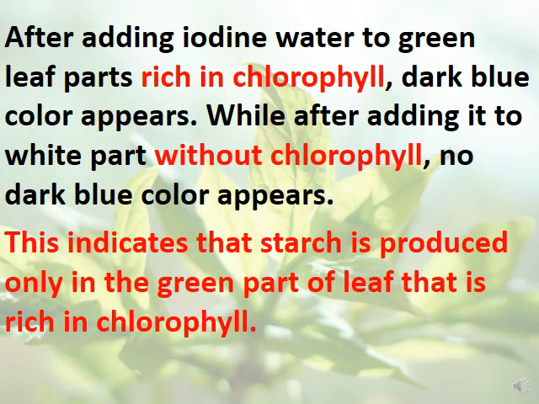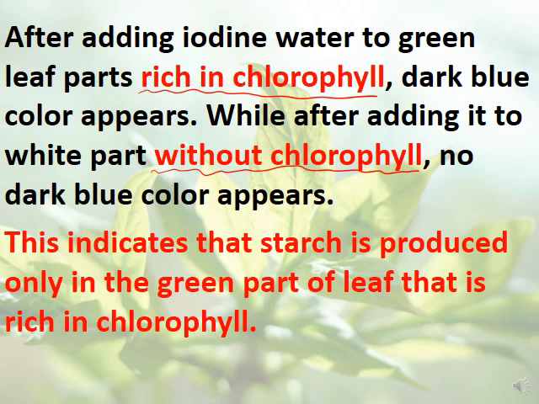This is the interpretation: after adding iodine water to green leaf parts that are rich in chlorophyll, this is the variable factor, a dark blue color appears, while after adding it to the white part, which contains no chlorophyll, no dark blue color appears. If you notice here, I always mention the variable factor in the analysis.